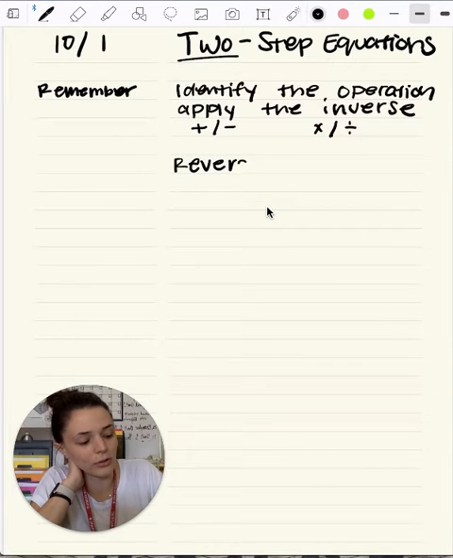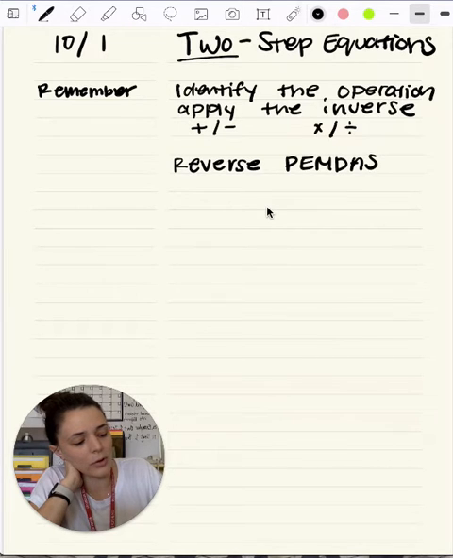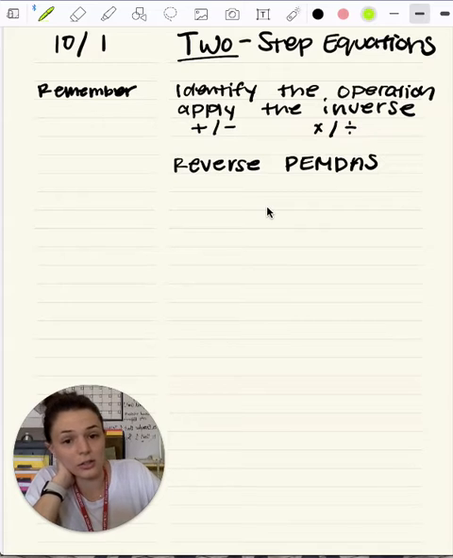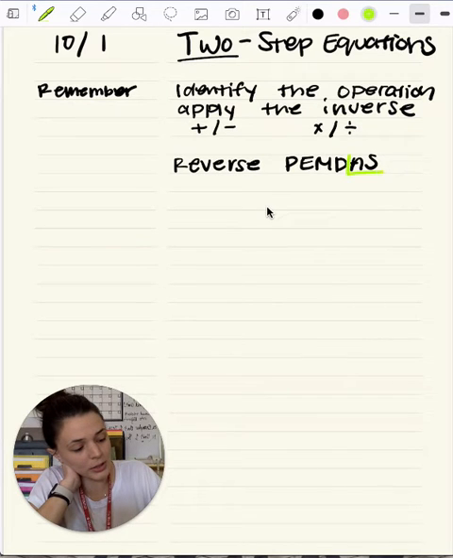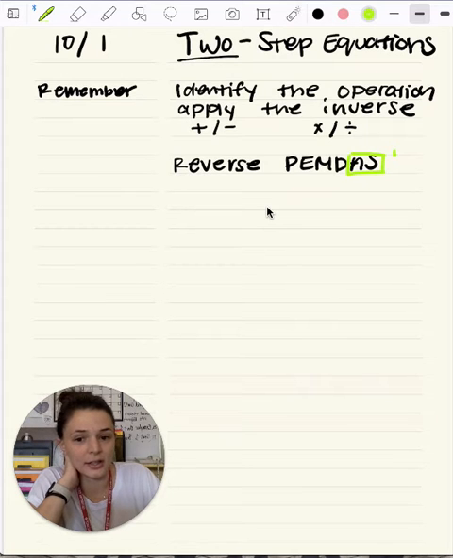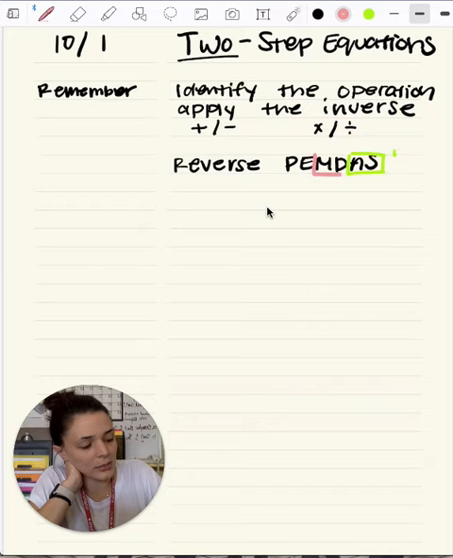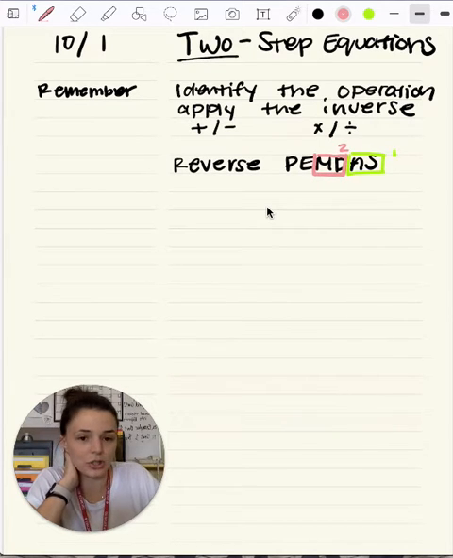So reverse. Now, what we mean by that is that the first thing that you're going to be doing is any addition or subtraction that you see. And then the second thing that you're going to be doing is any multiplication or division you see.